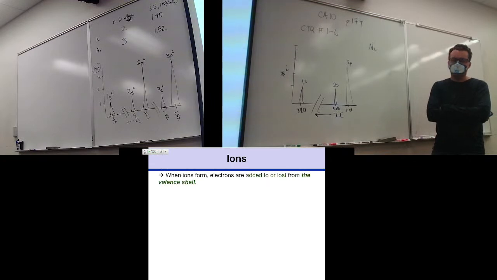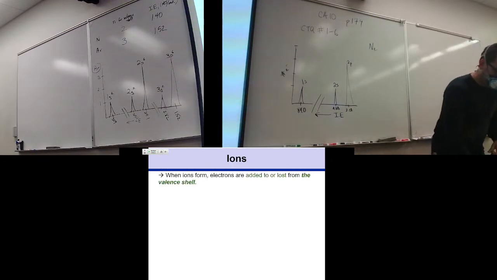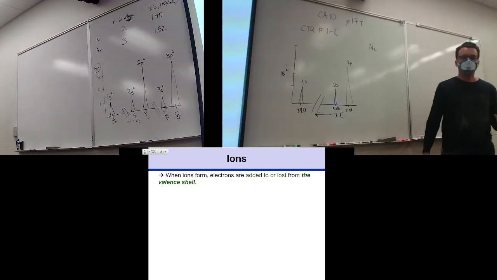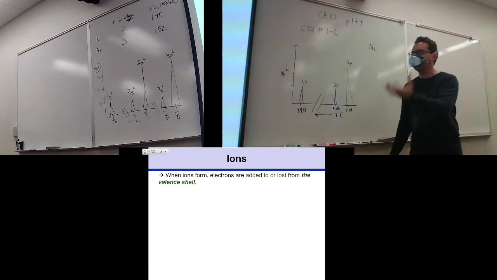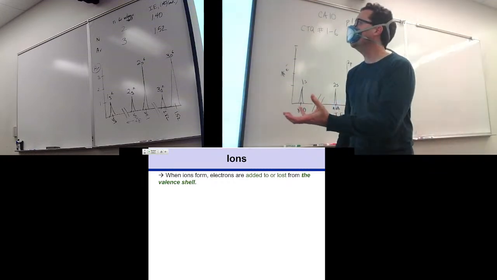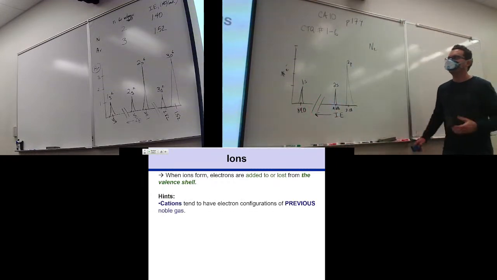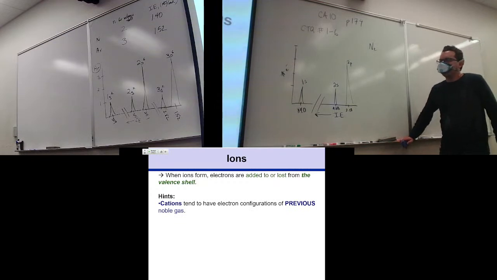So, what about ions? We were looking at neutral atoms. Again, ions you form when you take away electrons or add electrons to the valence shell. This is where this kind of starts making sense, hopefully.